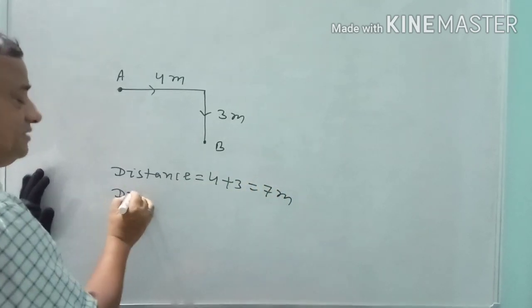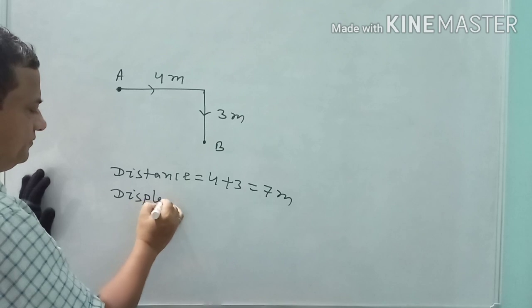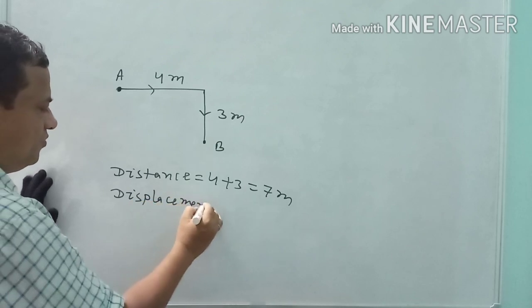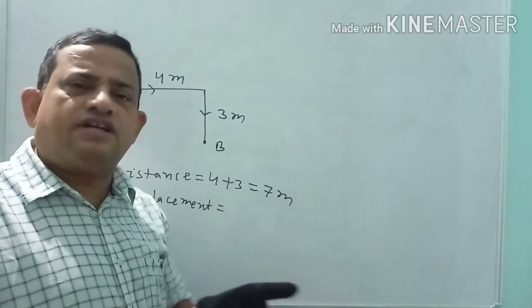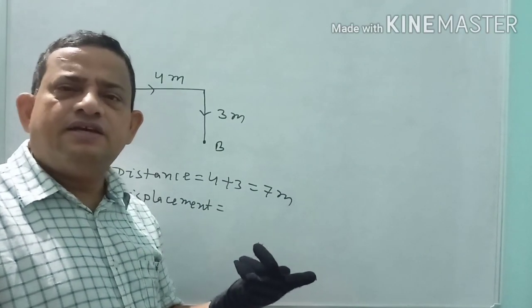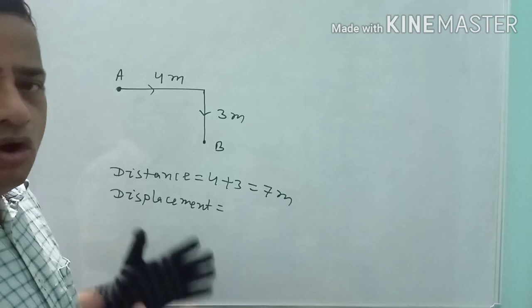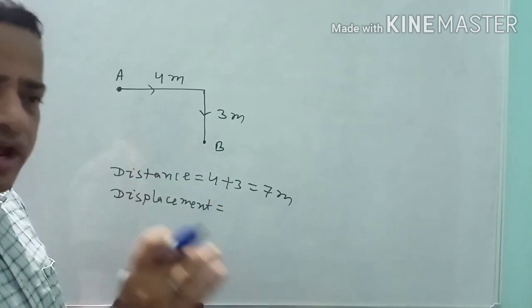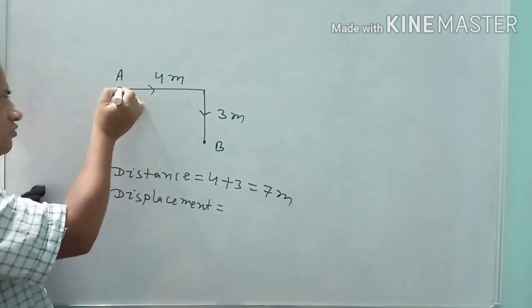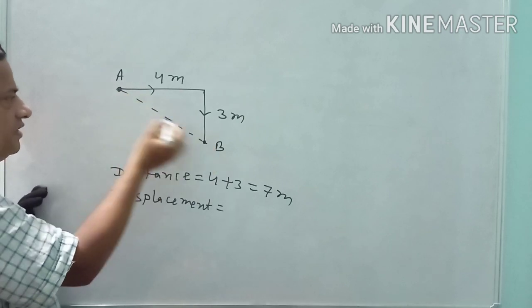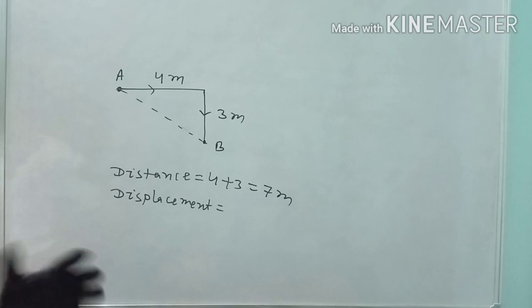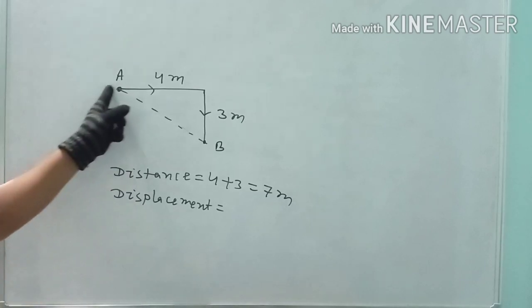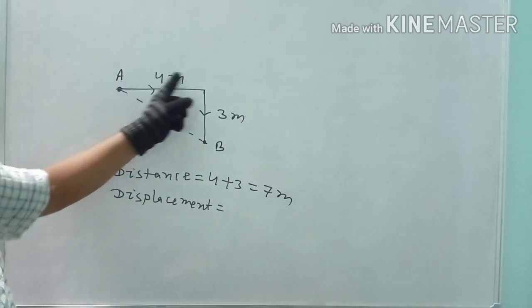But what is displacement? Displacement is the shortest length between initial and final. So how to obtain it? I have already told you, you join a straight line. You join this. So this is the displacement. So how to find it out? You know, this is a right angle triangle.